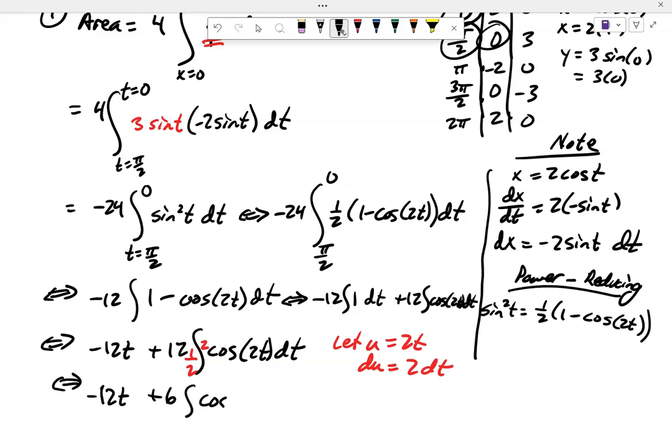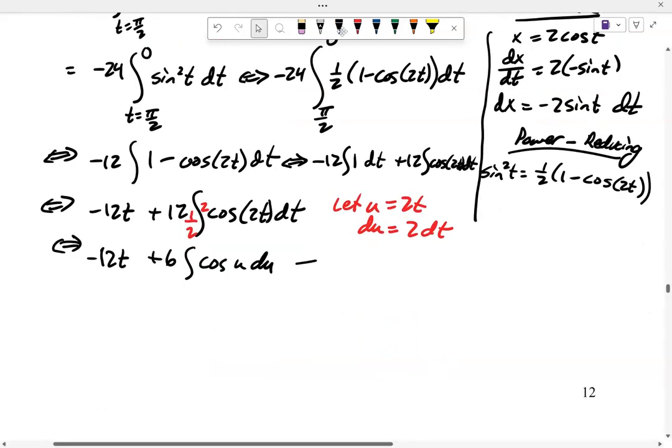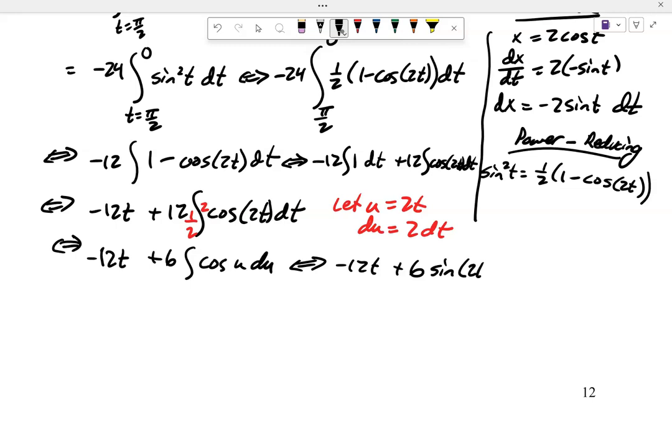Six, that's the integral of cosine u du. Now I run the integral of the cosine, which is sine of u. And there's our integral. We're going from t being pi halves to t being 0.